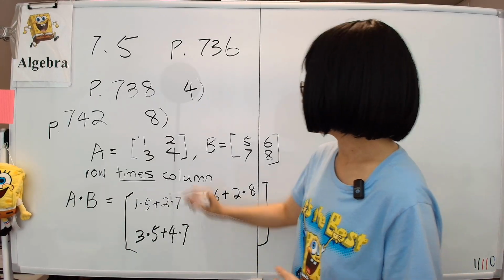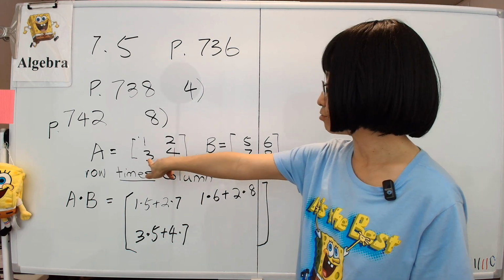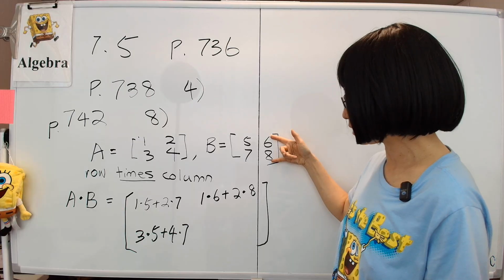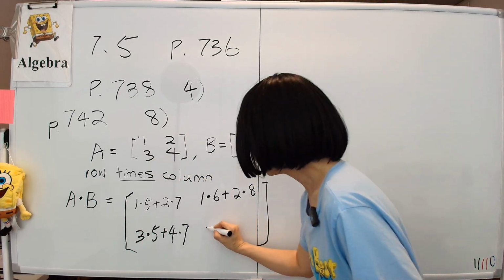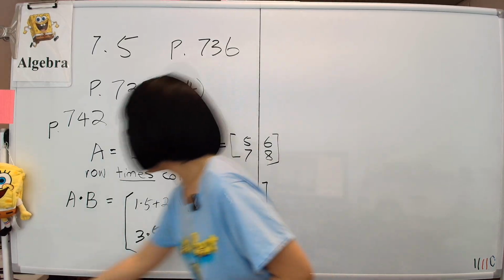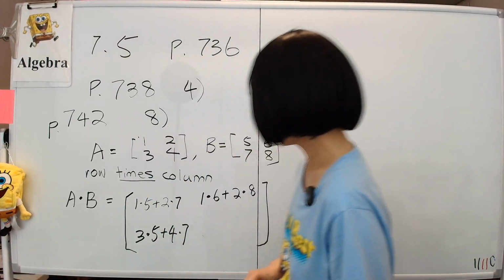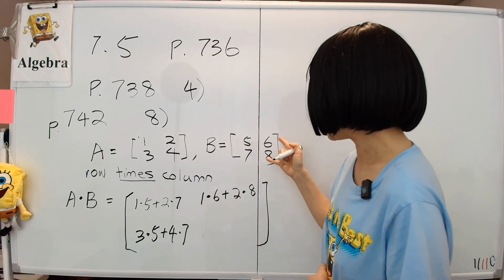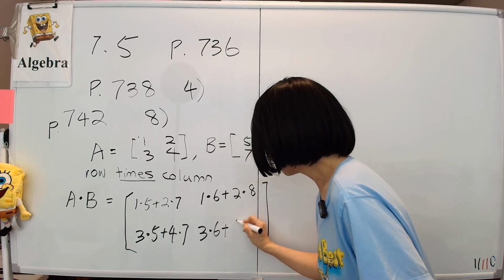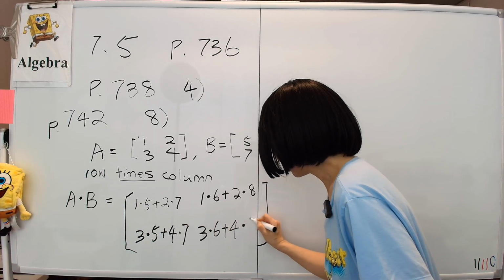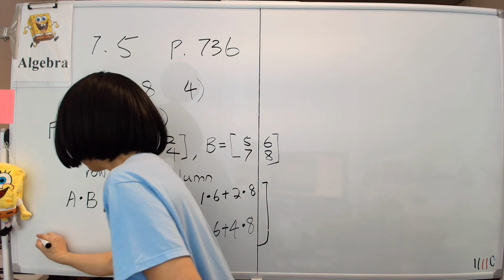And finally, for the last one, the row 3 and 4 will be multiplied by 6 and 8. 3 will multiply by 6 and 4 will multiply by 8. So 3 multiplied by 6 plus 4 multiplied by 8. Once we do that, I'll write down the answer over here.